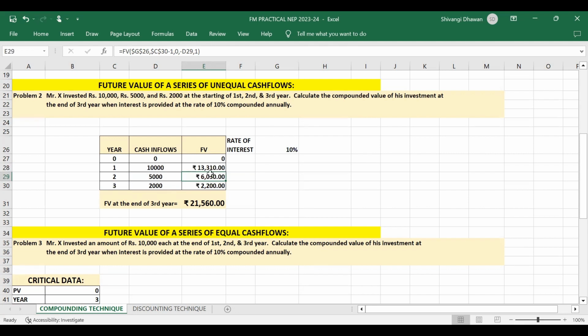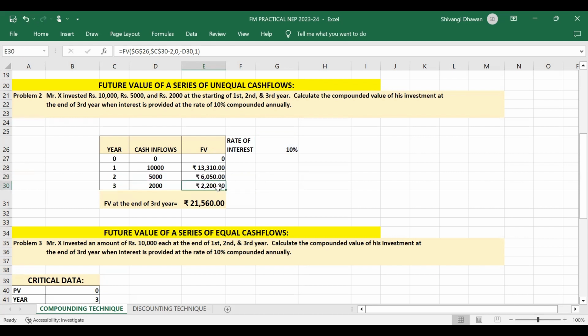For the second year, it will be again the same rate. NPER in this case will be 3 minus 1. That is for 2 years we will be investing this 5,000 and everything remains the same. It's just that now we will be taking rate as 10%, NPER as 3 minus 1, payment as 0, present value as 5,000 and type as 1 and enter.